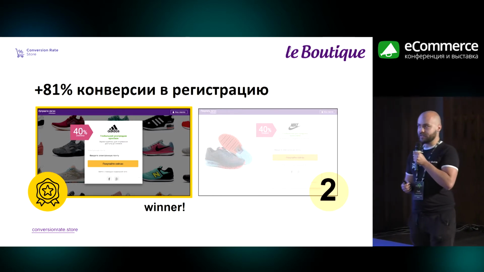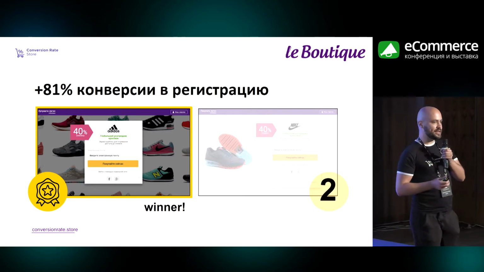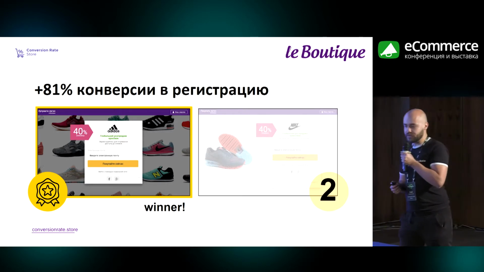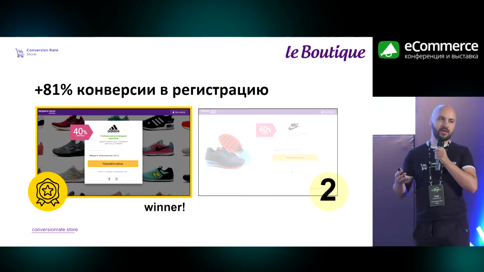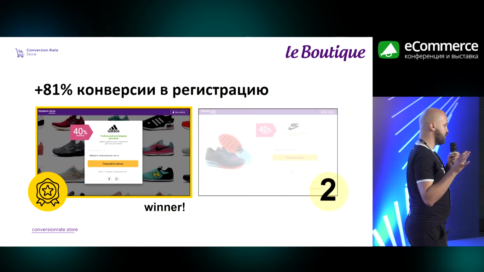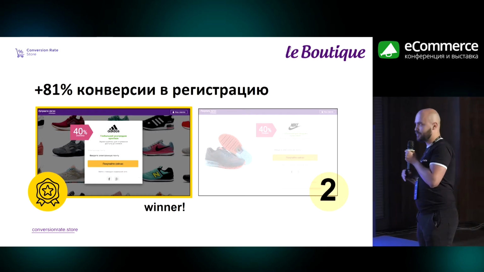And what's interesting is that there is something called the novelty effect in conversion rate optimization. The novelty effect is when you make a change, the growth works only for a few weeks, and then it gets back to the previous metrics.